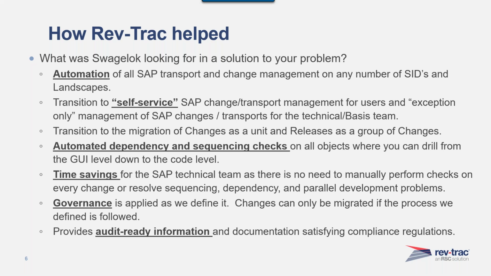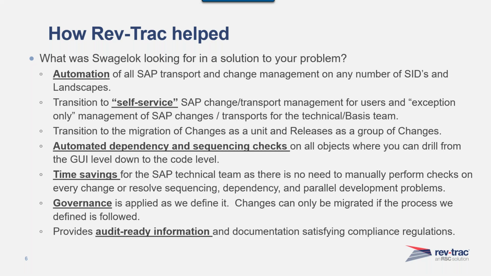So that was big. Transition to self-service. I mentioned that the developers and the BA and the project teams were all calling for more of this. We want to just be able to move stuff when it's ready to go. And that was very difficult and resource intensive previously. So we were able to make this happen, which is very nice.